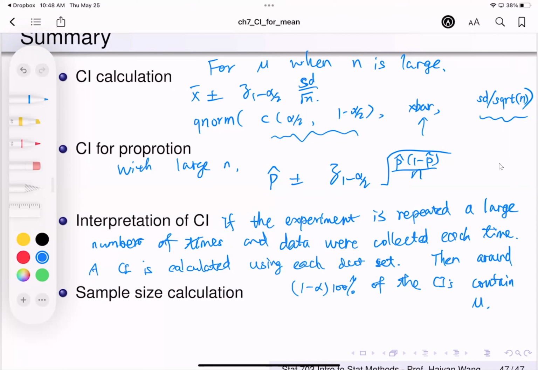So that's the interpretation of a confidence interval. It's always based on a large number of confidence intervals constructed by the same procedure from different data.